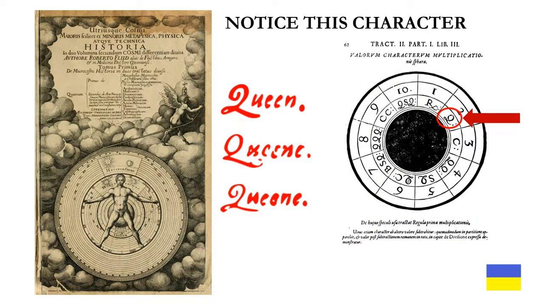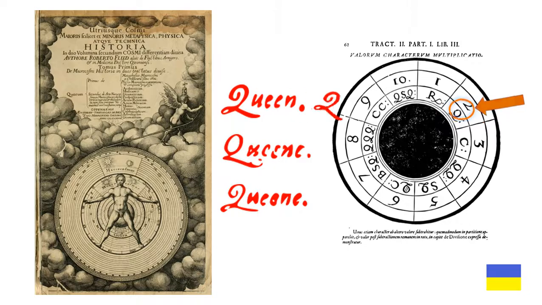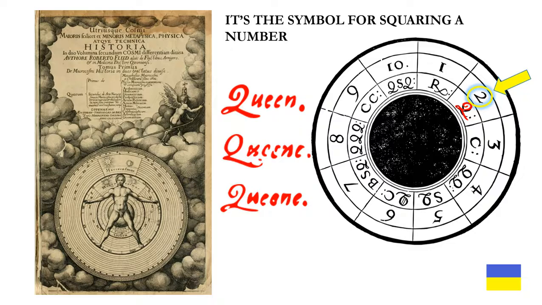It's a chart from Tract 2, Part 1, Book 3 of this book, in which he shows a table of symbols showing how to multiply or square numbers. Notice at the 2 o'clock position we have an interesting figure. That fancy uppercase Q is the symbol for squaring a number.